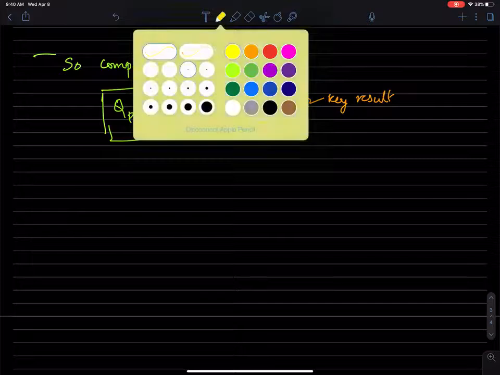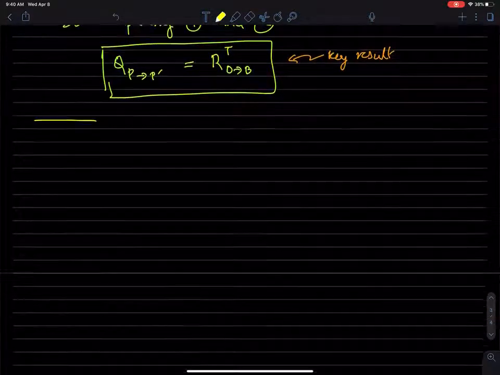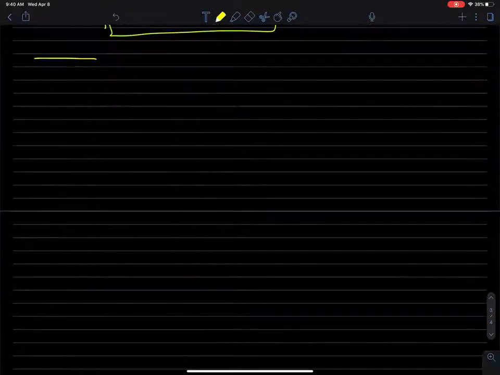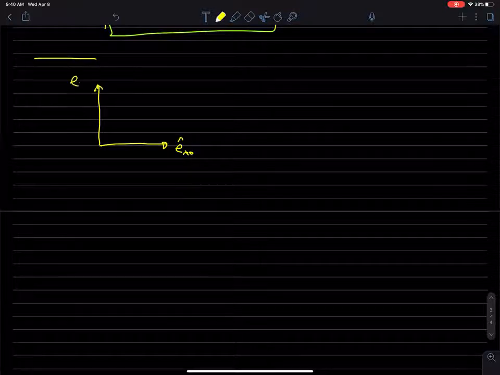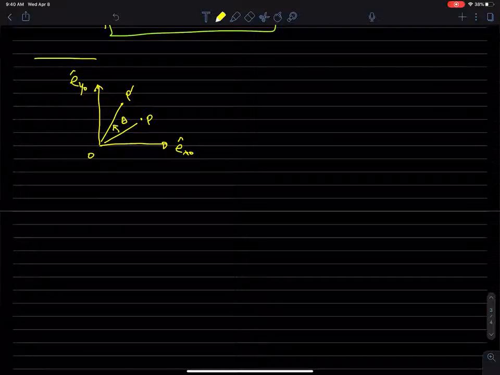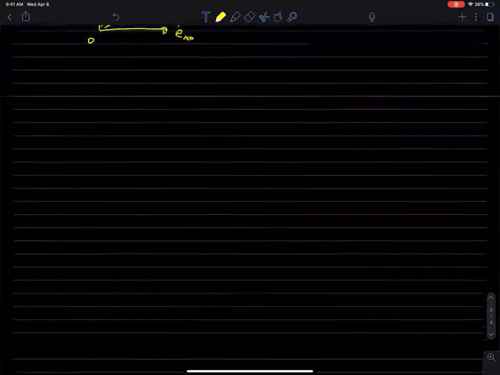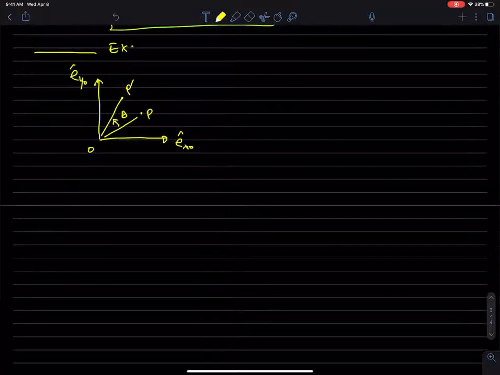Now, what does this imply? So let's consider an example. Let's say we have some frame and we have some vector OP, and that vector gets converted to OP dash by a rotation angle theta about the z-axis. Okay, so this is an example.